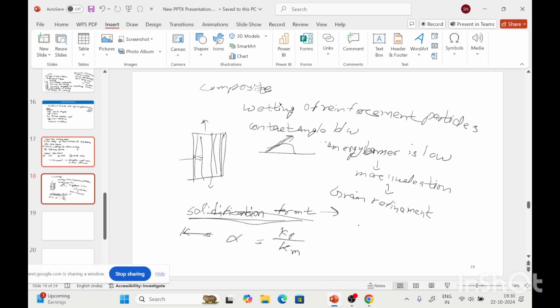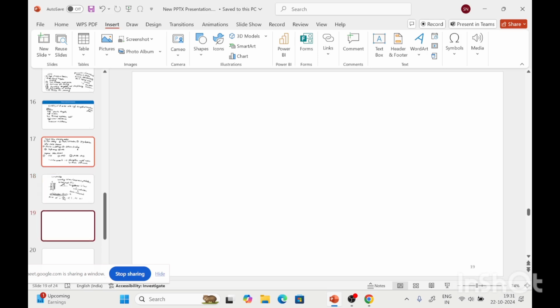If this ratio is less than 1, greater than 1, or equal to 1, that will lead to different scenarios. When alpha is greater than 1, the thermal conductivity of the particle is greater than that of the matrix, Kp is greater than Km.